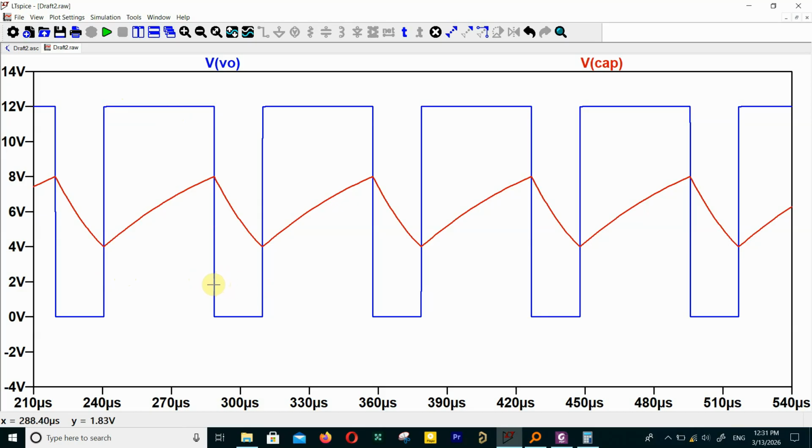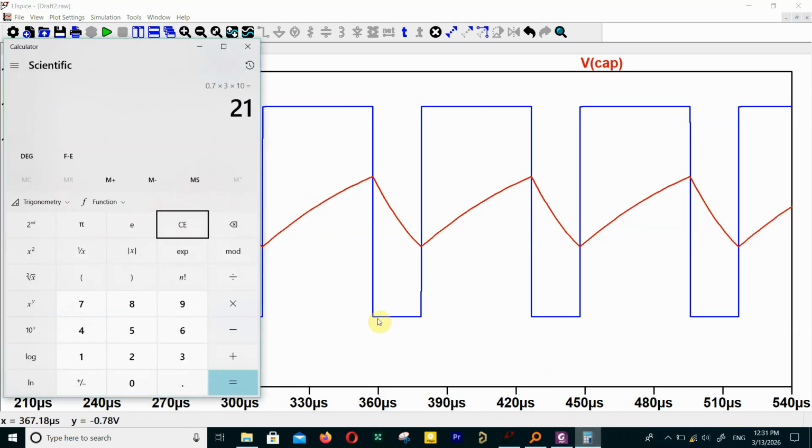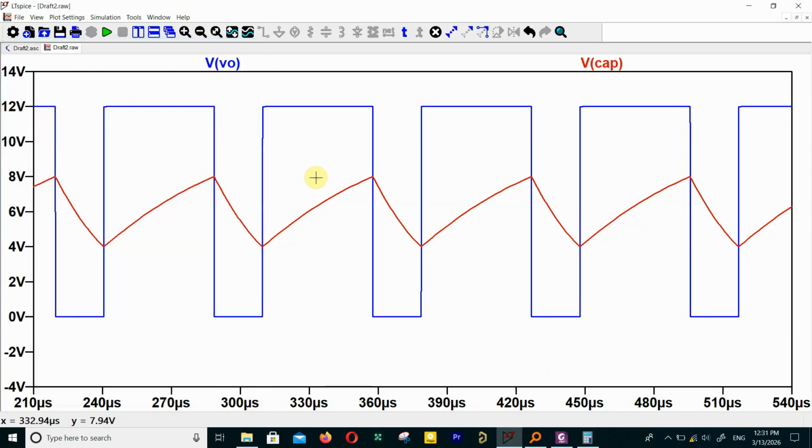And for discharging, from 288 till 309, let me just calculate this. 309 minus 288 has to be almost 21. Yes, 21 microseconds for the off time. So the values are verified, and you can change the values according to whatever pulse in the output you require for your entire circuit.